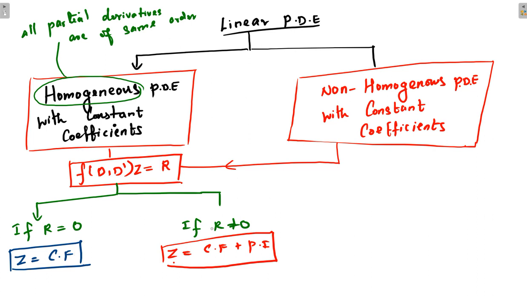Suppose R not equal to 0, then z is the solution of this partial differential equation which includes the complementary function as well as the particular integral. Now I am going to tell you how to find the complementary function and particular integral for different functions.